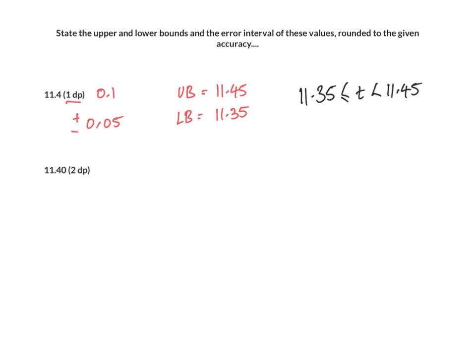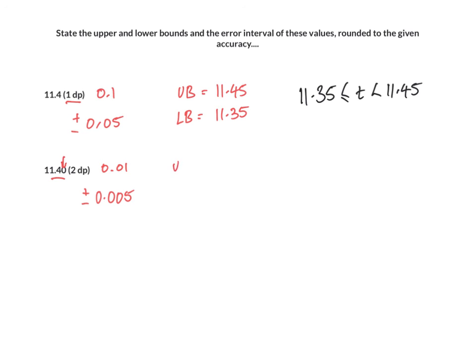But in this second one, which looks very, very similar, it's actually measured to 2 decimal places. And the second decimal place, we're talking about the hundredths column. So we're measuring to the nearest hundredth, 0.01. So half of that, we're going to add on and subtract half of that, which is 0.005. It's 5 thousandths.